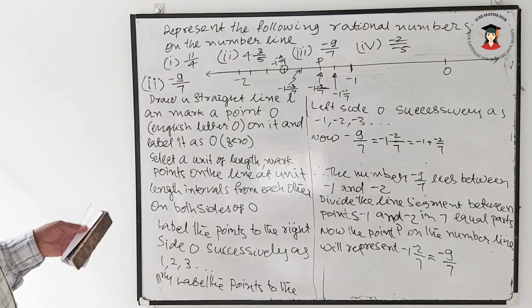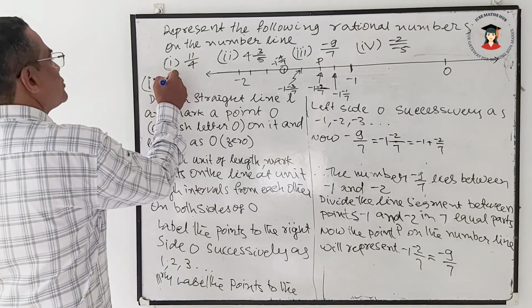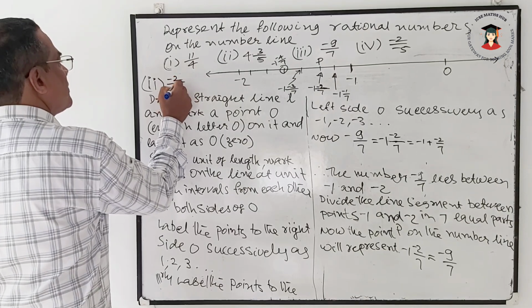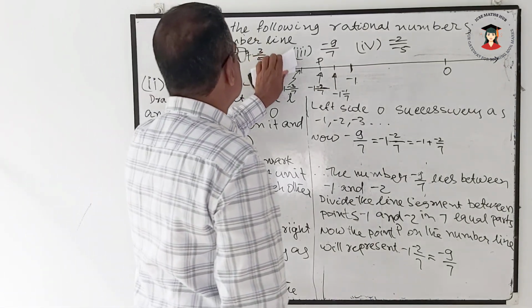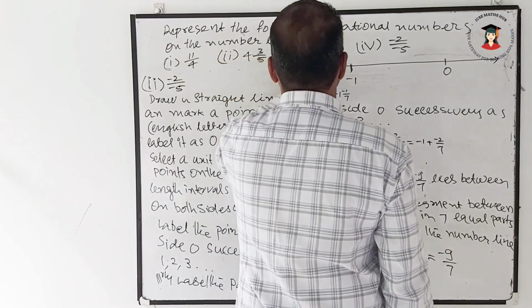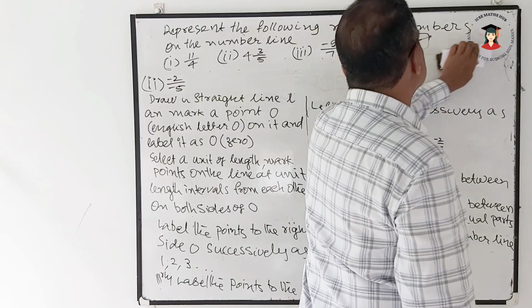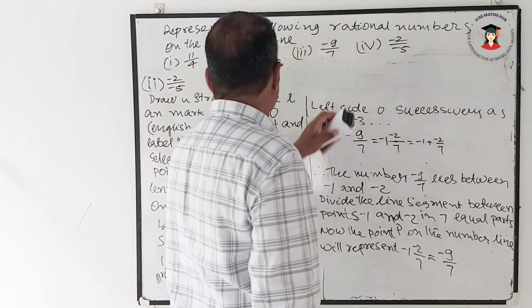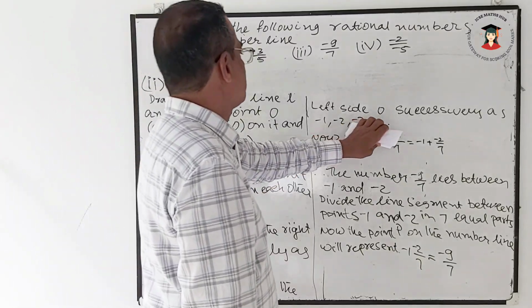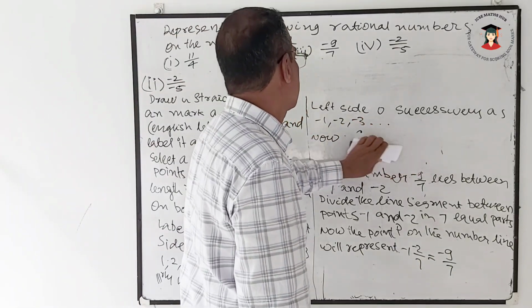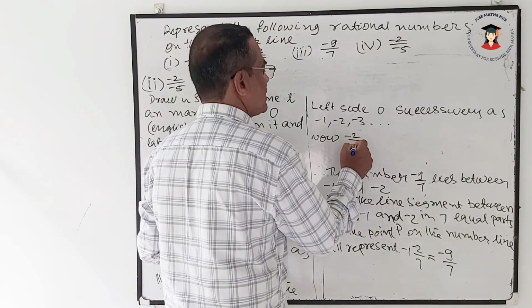The fourth question. Minus 2 by minus 5. So our point is minus 2 by minus 5.